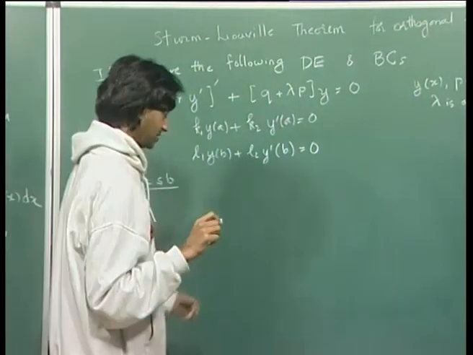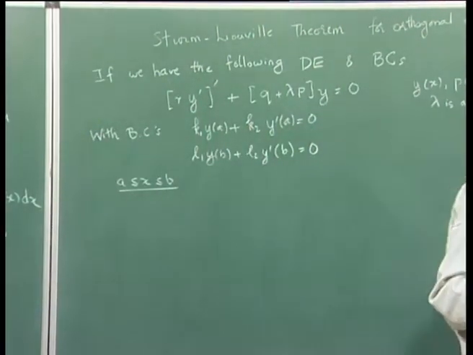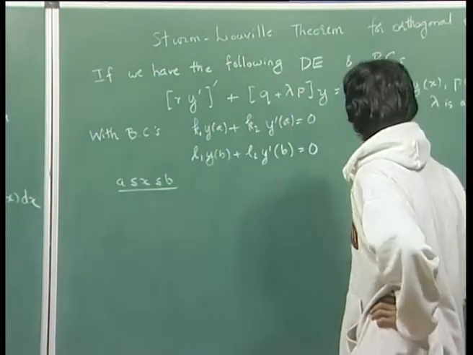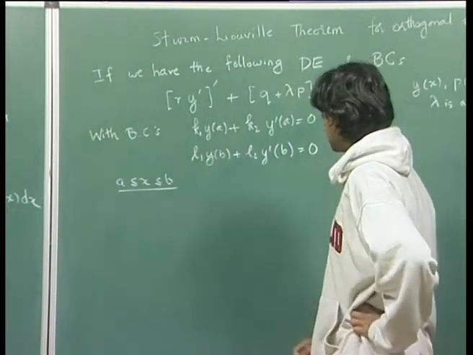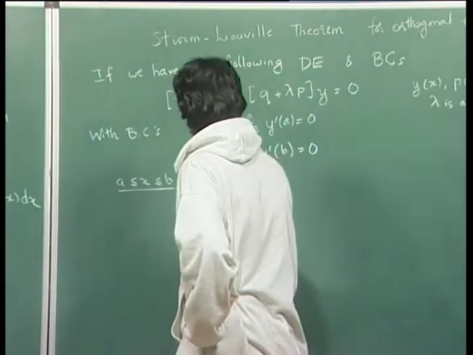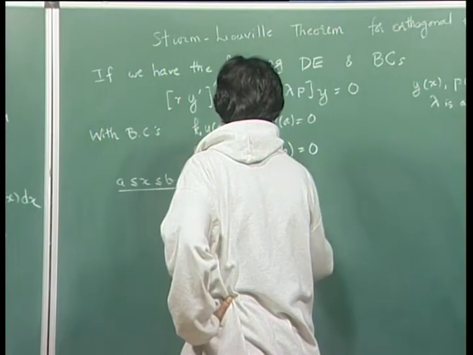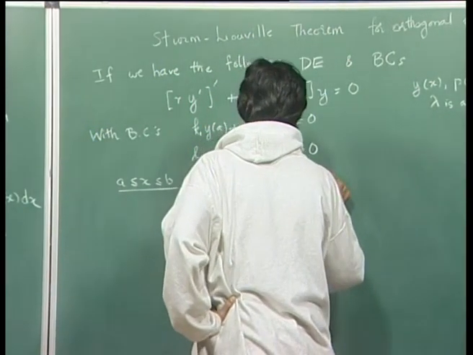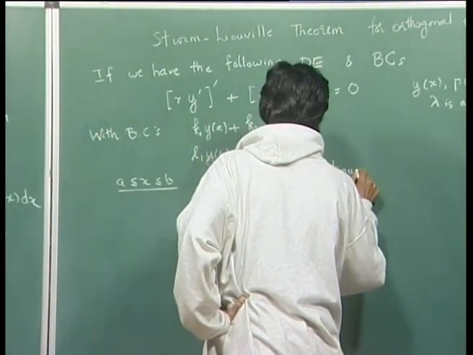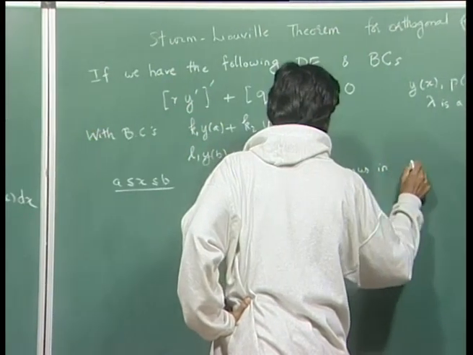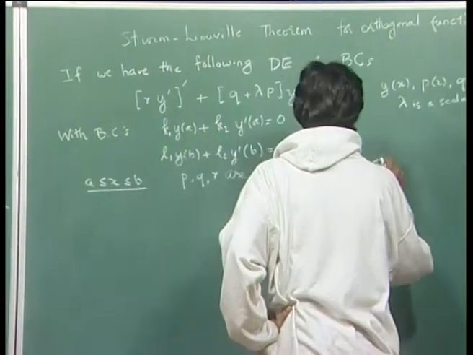So, that is the domain of x. These are the boundary conditions. So, we have this differential equation with these boundary conditions, and p, q, r are all continuous in this interval.